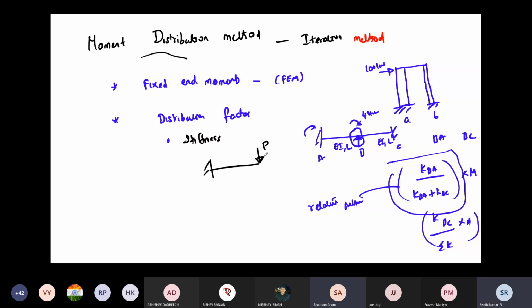Moment resistance per unit length? No. Forget about the definition. Just calculate the stiffness of this cantilever beam.